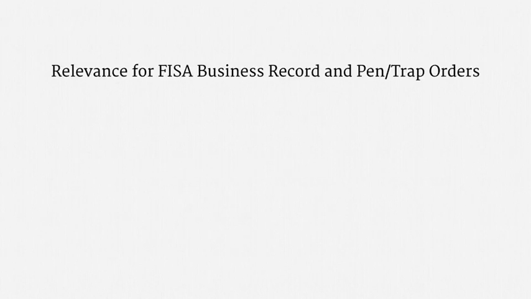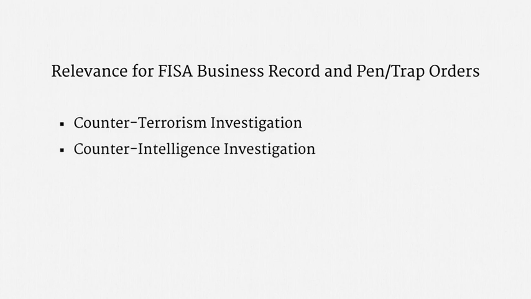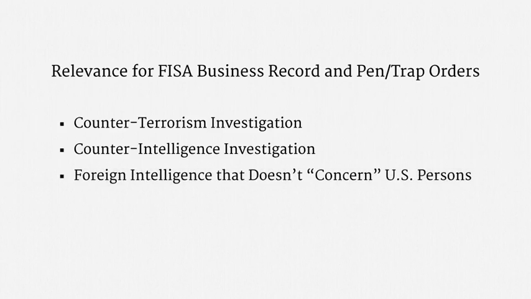The relevance standard is the exact same as for a FISA pen trap order. The information has to be likely relevant to a counterterrorism investigation, or likely relevant to a counterintelligence investigation. Alternatively, it can be just general foreign intelligence information, but only if the information doesn't, quote, concern, unquote, U.S. persons.